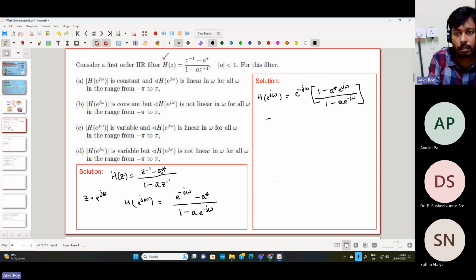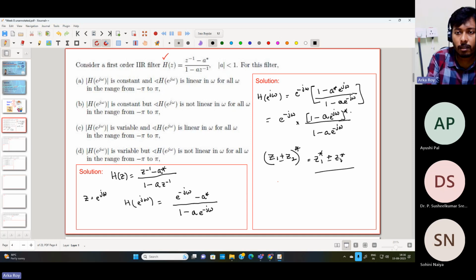So this thing I can also rewrite as, the denominator will be as it is, e^(-j omega), and here 1 minus a e^(j omega) and then I can write it as star. In the last class also I had discussed a property: if z1 plus minus z2 is written over here, I can write it as z1* plus minus z2*.